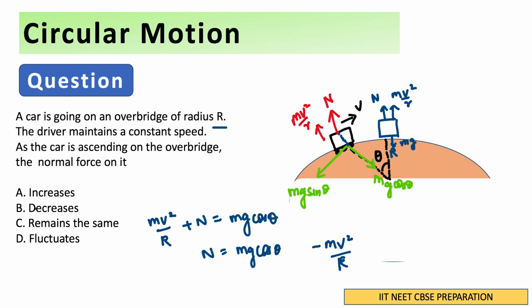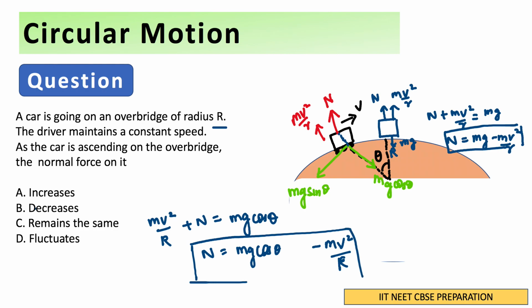So in this case, what is the equation? N plus mv square by r is equal to mg. So from here I can write, N equals mg minus mv square by r. So this is the normal reaction after some time, when it has moved in the ascending direction. This is the equation. And earlier we were having this.